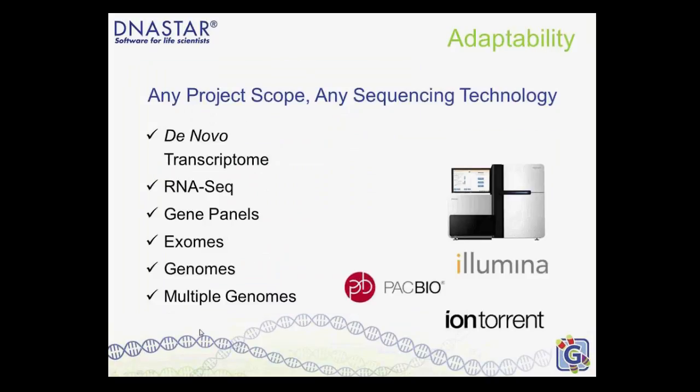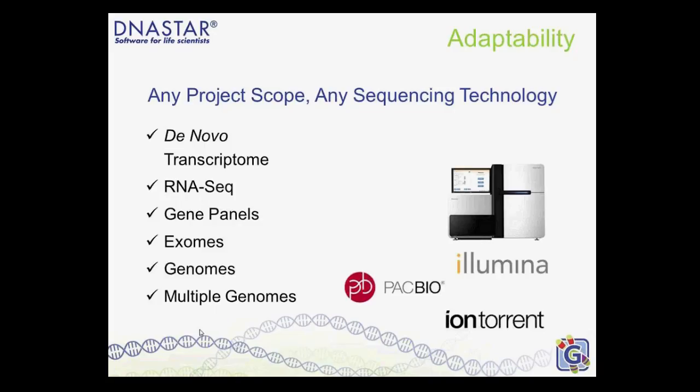The software is very adaptable in terms of the different workflows that we can do and the different types of sequence data that we support. What makes DNASTAR unique is that we can handle things like de novo transcriptomes, which are very challenging in terms of the size of the data sets, and then turn that around and go into RNA-Seq.